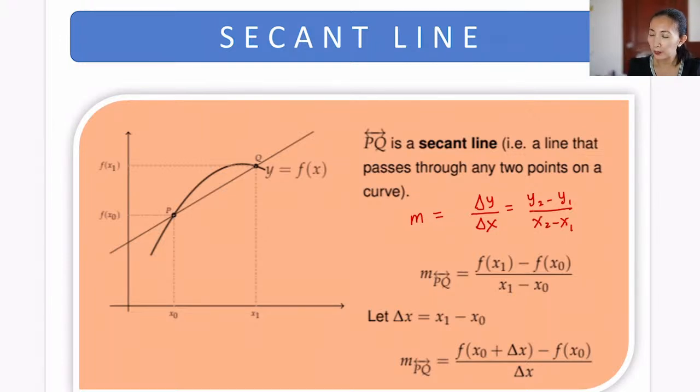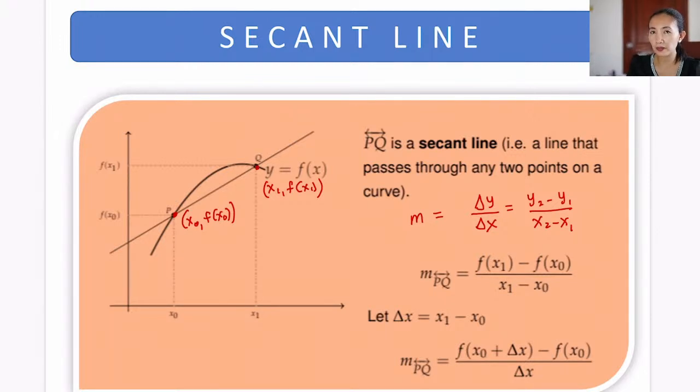So here, the 2 points are points P and Q. P has the coordinates x naught, f of x naught, and for Q, the coordinates are x sub 1 and f of x sub 1. So now we have 2 points, we could easily find the slope.